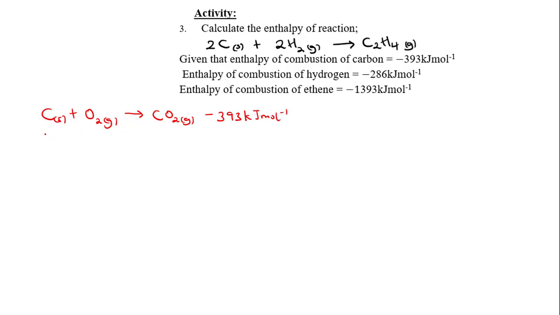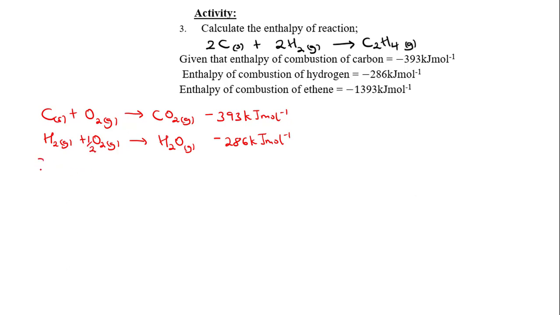We also have hydrogen. It will burn in oxygen to form water in gaseous form probably, and the heat given off is this. We have to balance this equation by putting here a half.